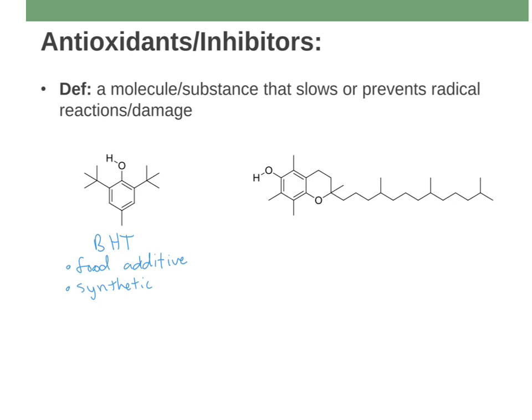It's added to your Cheerios or something like that to prevent oxidation, to prevent the oxygen radical from messing up your food, making it spoil faster, making it go rancid faster. Since BHT is synthetic, usually we refer to that as an inhibitor, that it inhibits those oxidation radicals, those radical reactions.